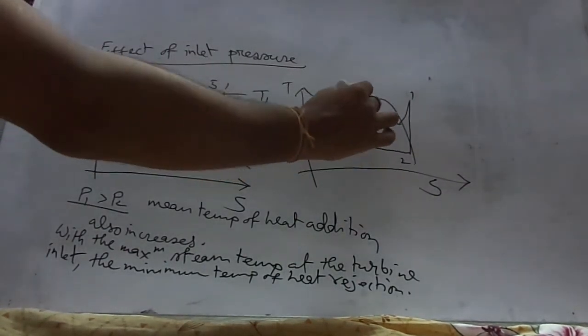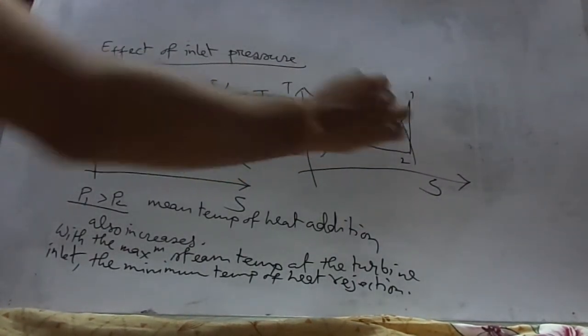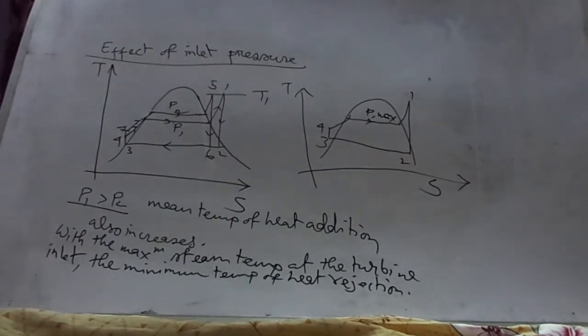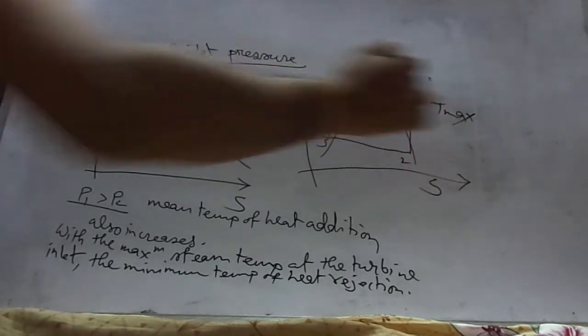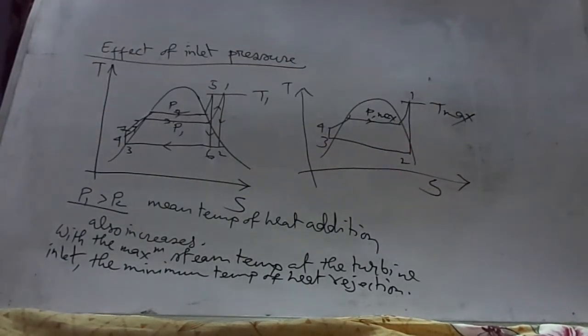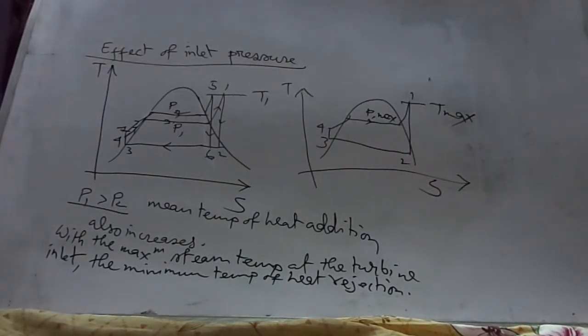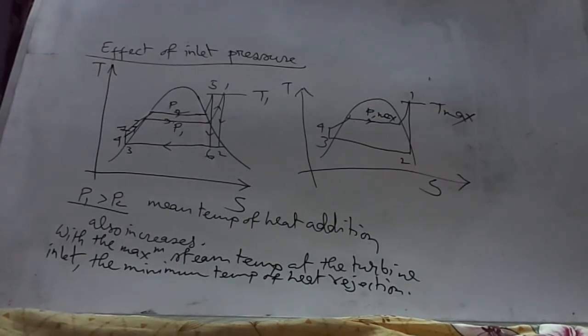This is the P1 max, this is the T max. So the vertical line drawn from state 2, fixed by T2 and X2, intersects the Tmax line at state 1, which gives the maximum steam pressure at the turbine inlet.